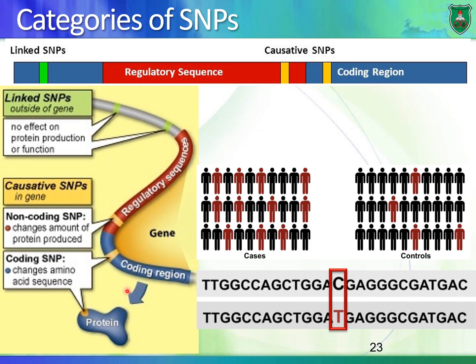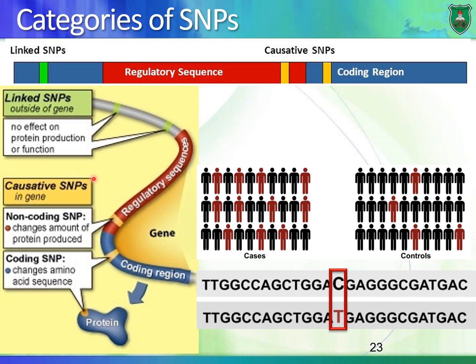So we call it a coding SNP. This may change the amino acid sequence. Sometimes this change may not be that important. It's not like the protein is defective. The protein, or let's say an enzyme, might be about 50% less efficient than if it has the other SNP. And we would not be able to know; the person is totally normal.